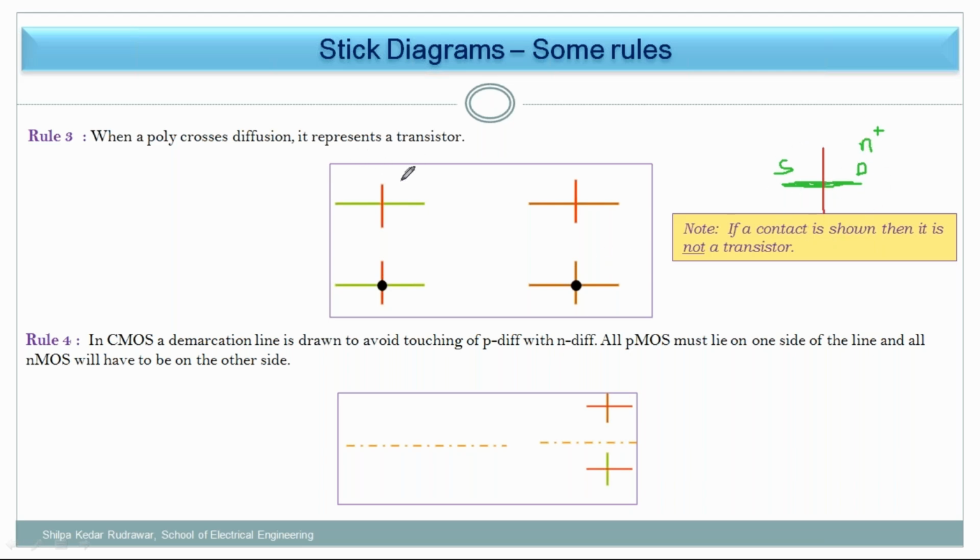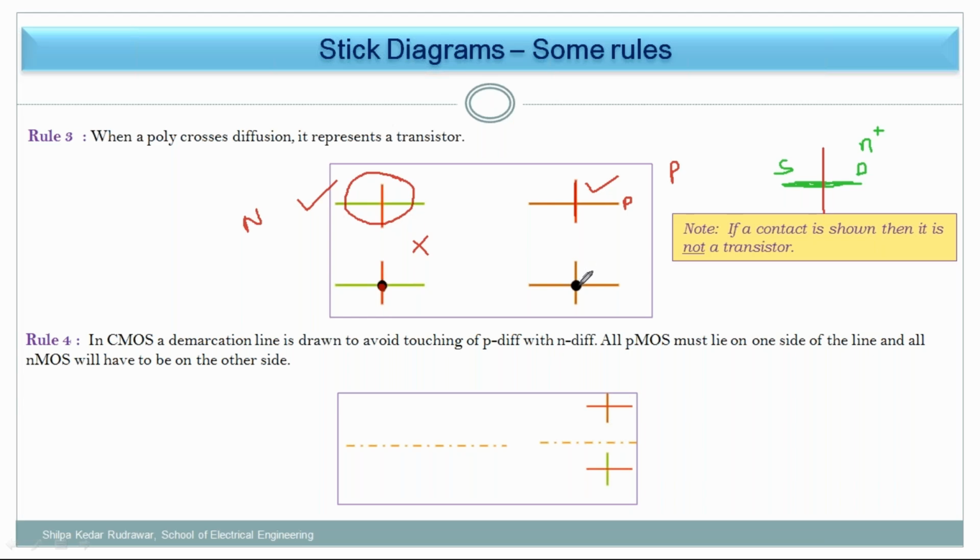So here it is mentioned that when a green line and a red line cross each other, it forms a transistor. Which transistor? N MOSFET. But if I put a dot there, it is not acting as a MOSFET. Same here: this is the P plus diffusion layer, and this is the gate, so this acts as a P MOSFET.